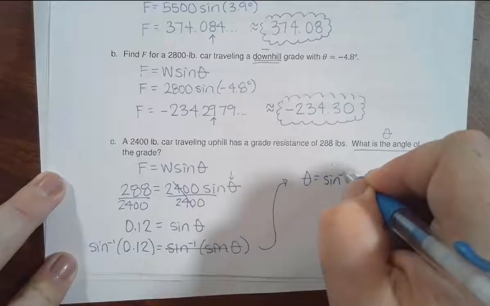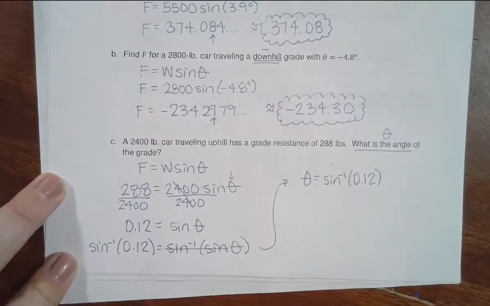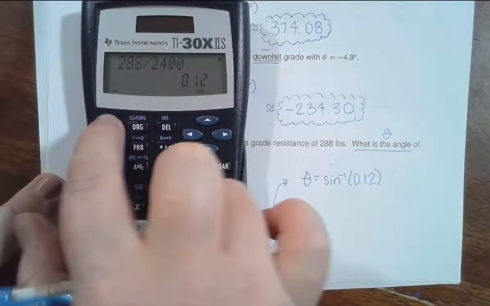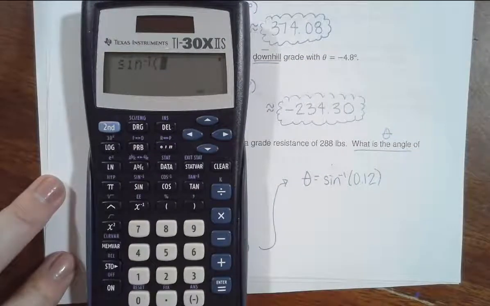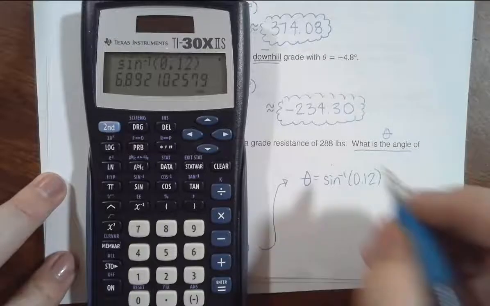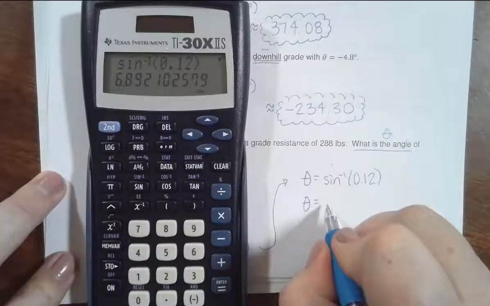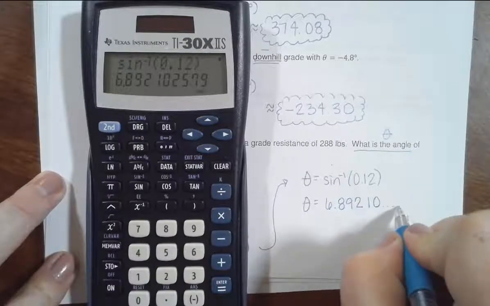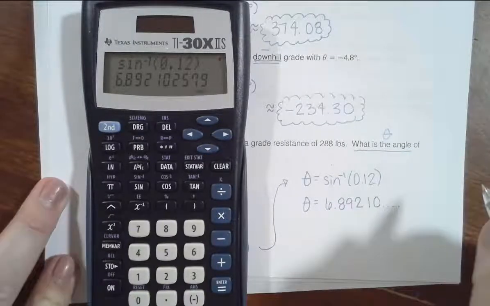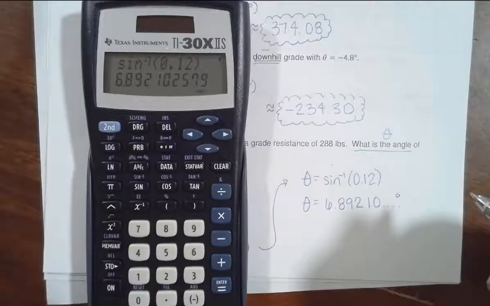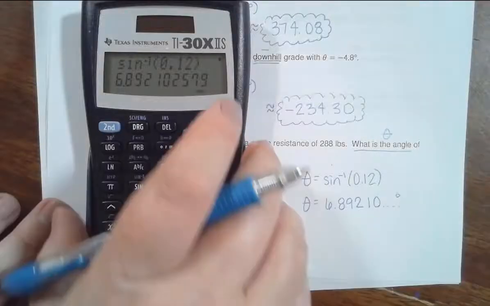And now that's something that I can easily do on my calculator. Okay. So I'm going to use my second function to get my sine inverse of 0.12, close the parentheses, and we end up with theta is equal to 6.8921, and so on. Since this is an angle, I guess it really doesn't matter, I'm going to round it just to one decimal place.